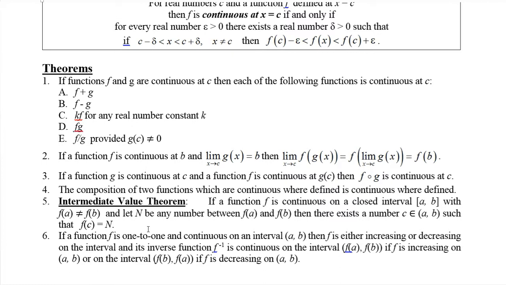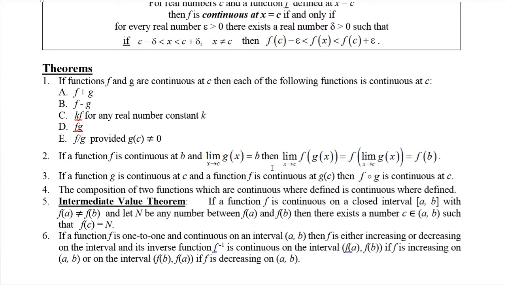If a function f is continuous at some point b, and the limit as x approaches c of another function g equals b, then the limit as x approaches c of f of g of x, that composition, is f of the limit of g, which is f of b. So this limit sign can be brought inside the function f if that outer function f is a continuous function.